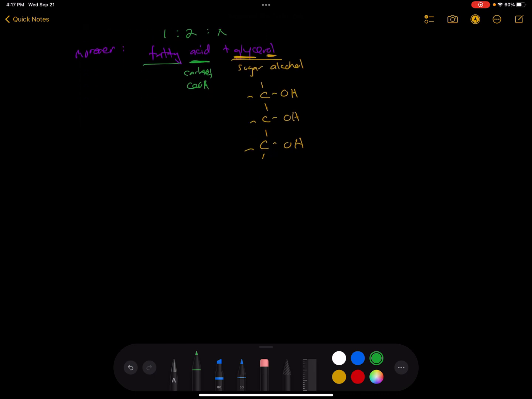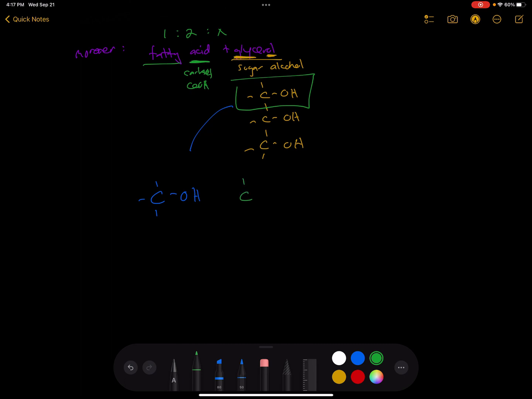So let's just look at one part of the glycerol, and then we can add on. So carbon with a hydroxyl, and then I have the 3 hydrogens off to the side. And what I want to do is add this to a carboxylate group.